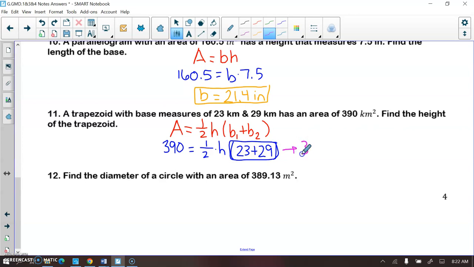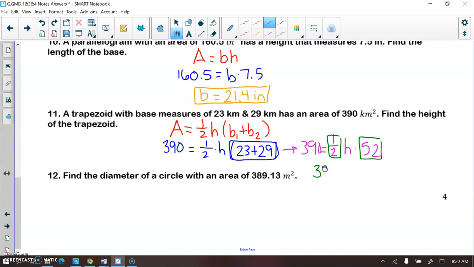So I wind up with 390 is equal to a 1/2 times the height that I'm trying to find, times a 52. Now multiplication is commutative, so I can actually multiply these two together.